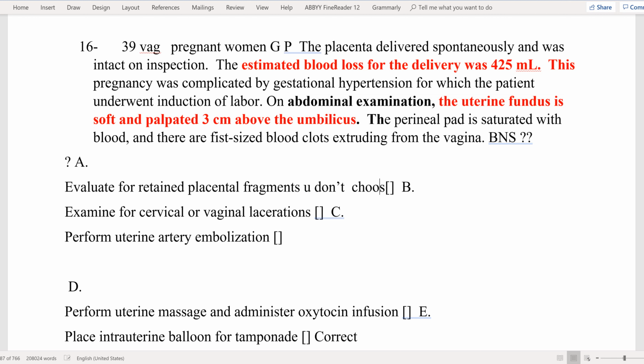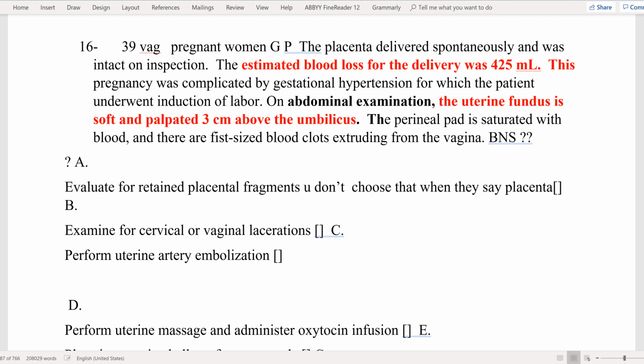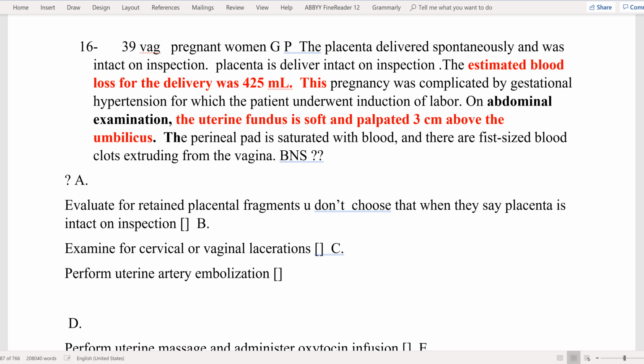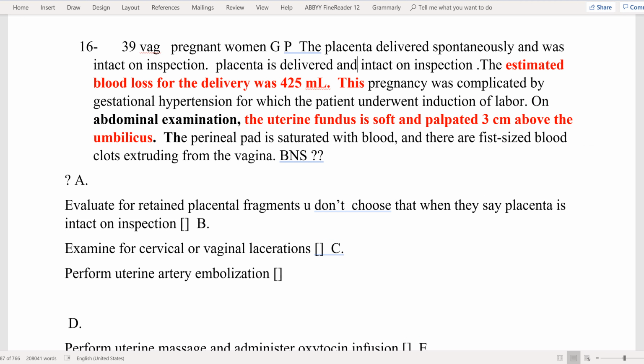You don't choose retained placenta when they say the placenta is delivered and intact on inspection. So that's how you rule out this question. It's a tough question, but it's interesting at the same time. It has a lot of things at the same time.